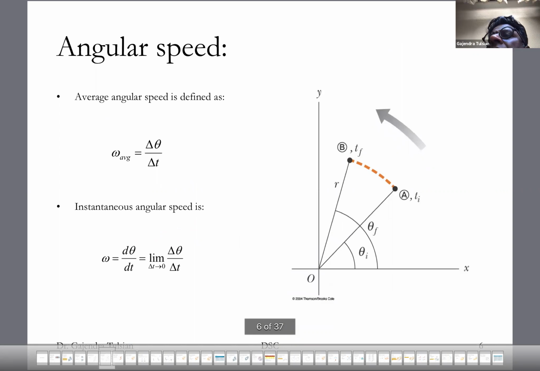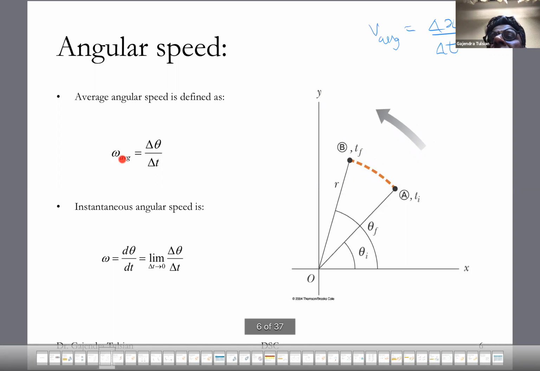In the linear motion case, we had defined the average velocity. Average velocity is the linear displacement over the time over which this happened. And so we define, just like that, the average angular velocity.